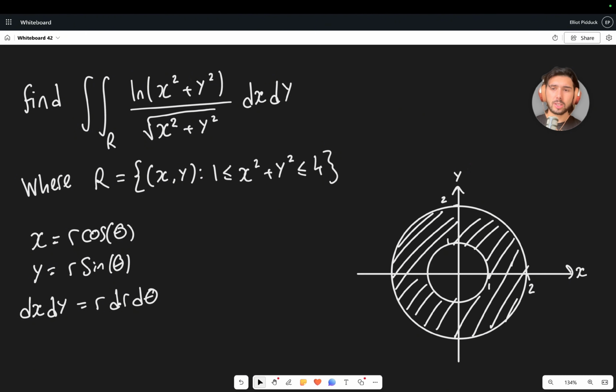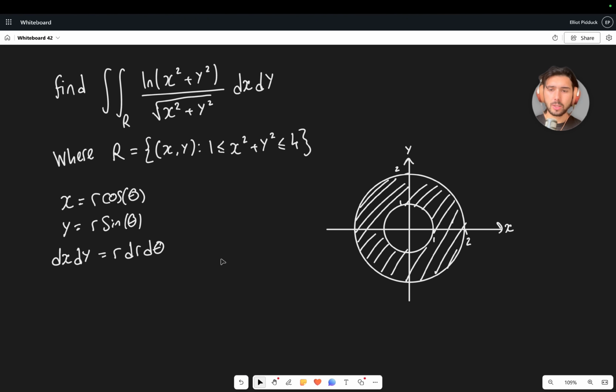So now we can actually rewrite the integral. So let's do it right now. So we've got the double integral, and we'll fill the limits in at the end. But we've got the natural log of, well, x squared plus y squared. So you can either replace x and y with r cos theta and r sin theta, and of course square them, but you probably, or hopefully, already know that in polar coordinates, x squared plus y squared is actually just equal to r squared.